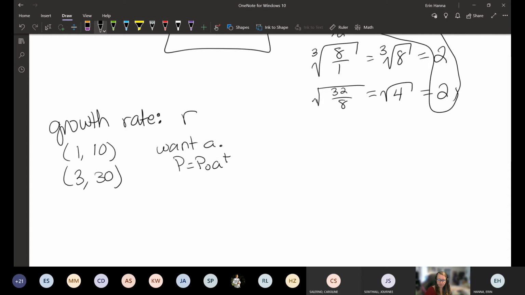So we'd have 10 equals P naught A, where T is 1. And then 30 equals P naught A cubed.